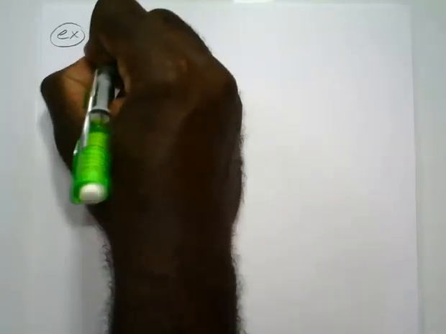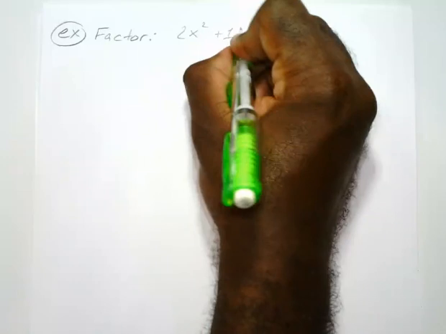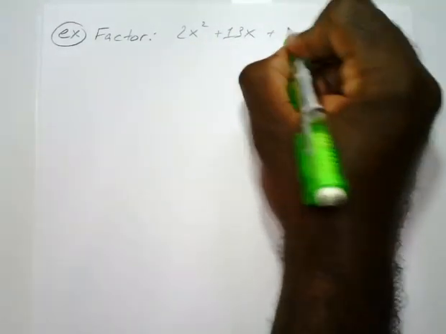Here we go. So let's say, for example, we wanted to factor 2x squared plus 13x plus 6.